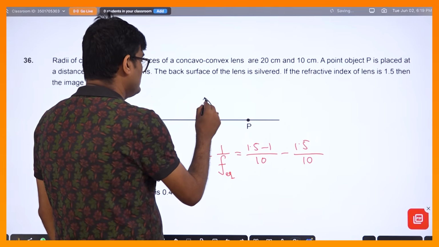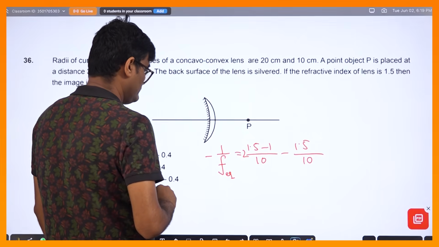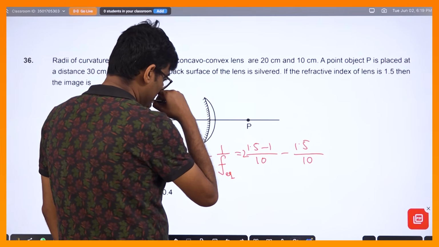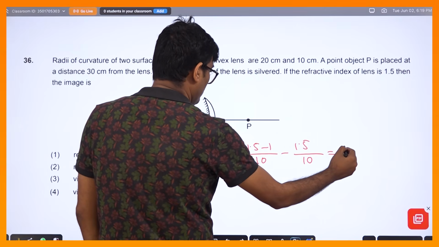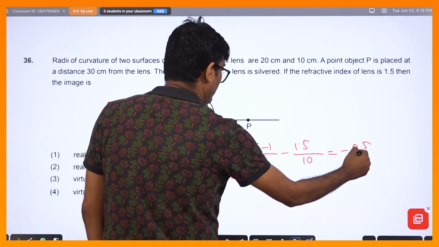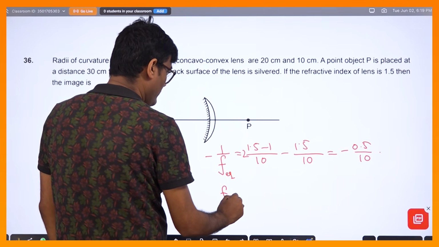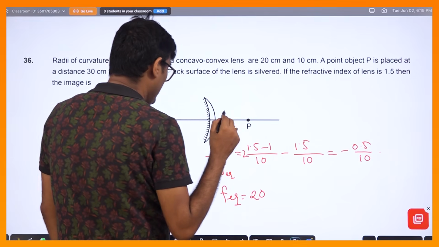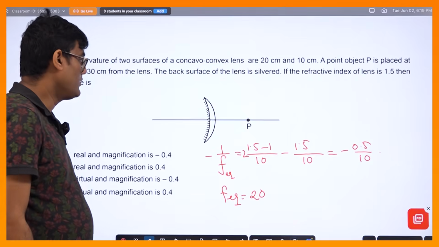And when again it comes back on this surface, I will multiply the same thing here, right? So it is 1.5 minus 1 is 0.5, means 2 into 0.5 by 10, minus (1.5 minus 0.5) by 10, right? So the equivalent focal length F is equal to 20. If F equivalent is 20, positive, it means it is a convex mirror.